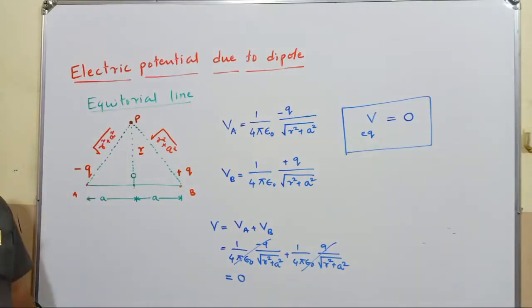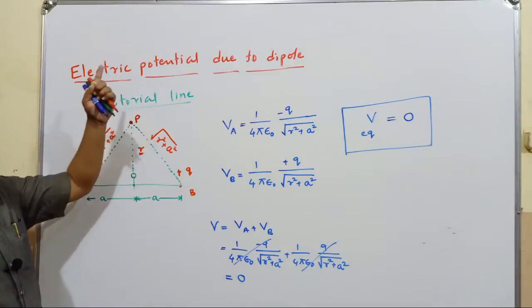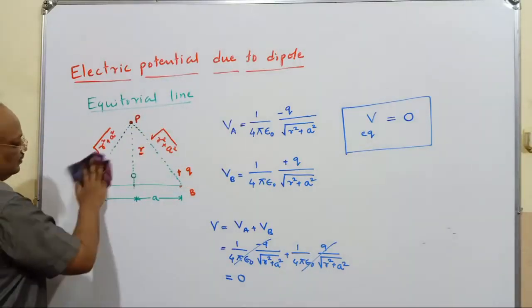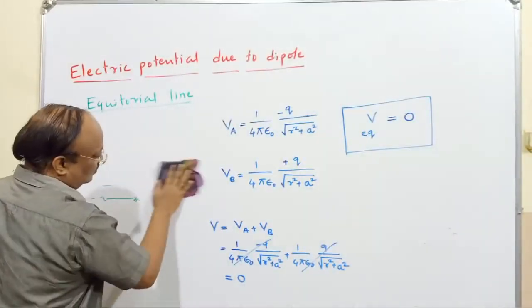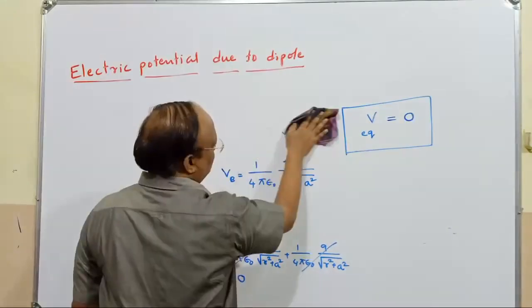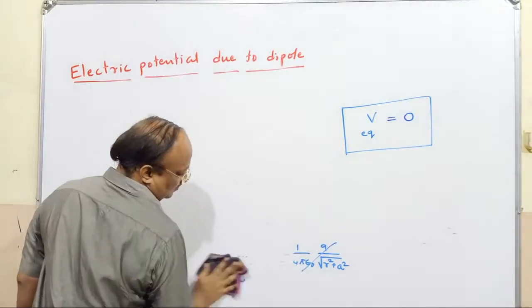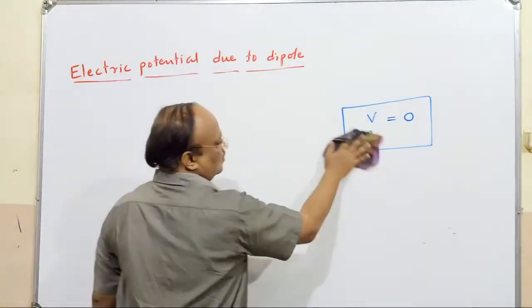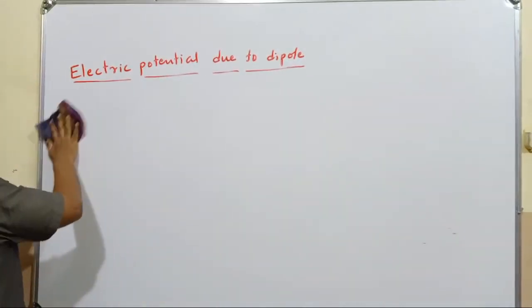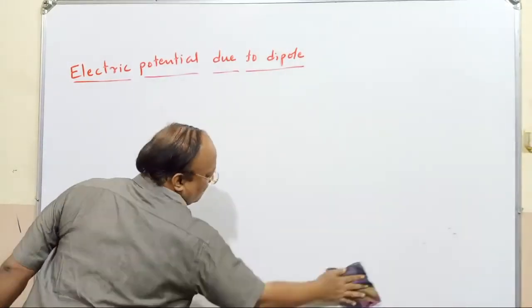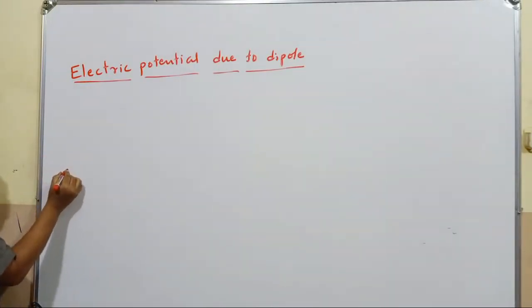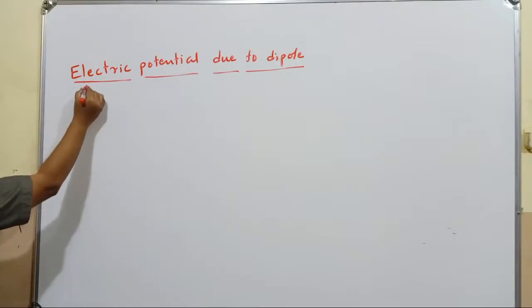At any one point, we will find the expression for the electric potential due to a dipole at any general point.